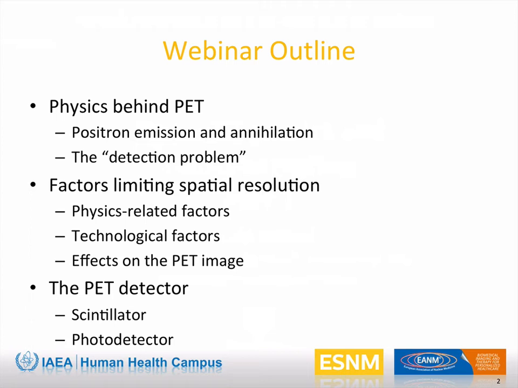We will also explore the factors that limit the spatial resolution in a PET image, both exploring the physics-related factors and the technological factors, and how this affects the PET image. We will also address information about the present technology for PET detectors that usually comprise a scintillator and a photodetection system.